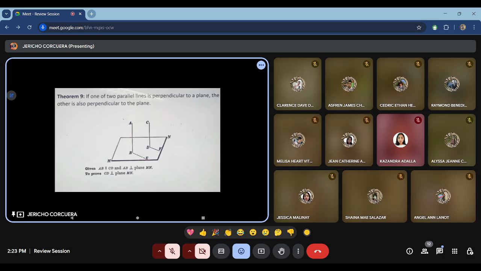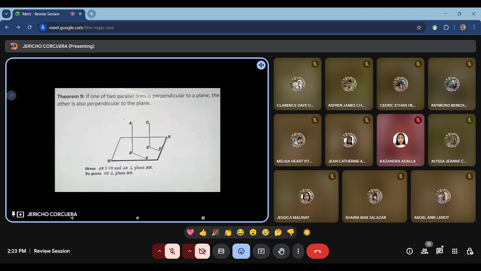So if you can see that the other is also perpendicular to plane, so line CD is perpendicular to plane MN as well.